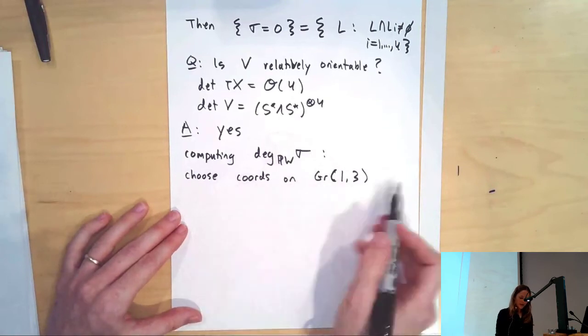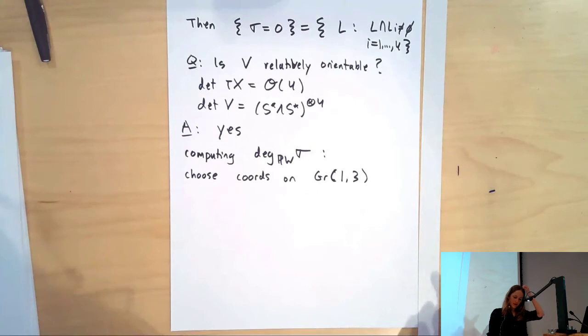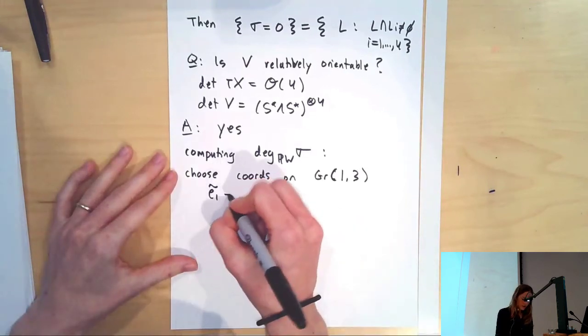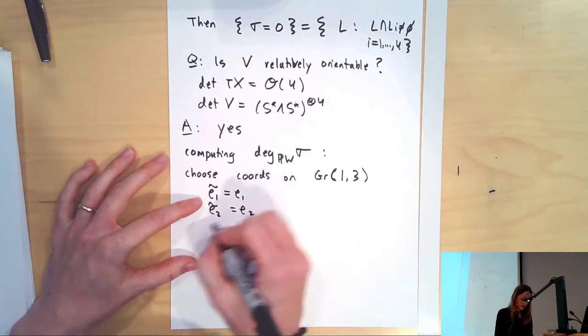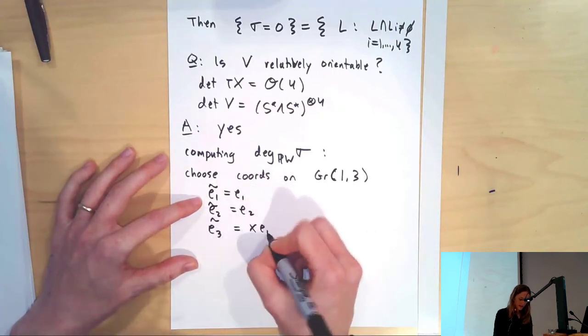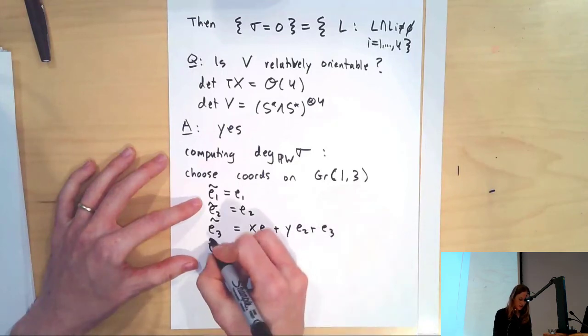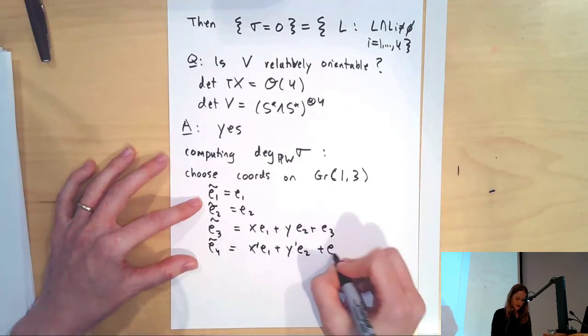For that purpose, we need to choose dimension 2 subspaces parameterized by A4. We'll do the lines which intersect phi 3 equals 0 and phi 4 equals 0. So let's define some new bases: E1 twiddle equals E1, E2 twiddle equals E2, E3 twiddle equals X E1 plus Y E2 plus E3, and E4 twiddle equals X prime E1 plus Y prime E2 plus E4.